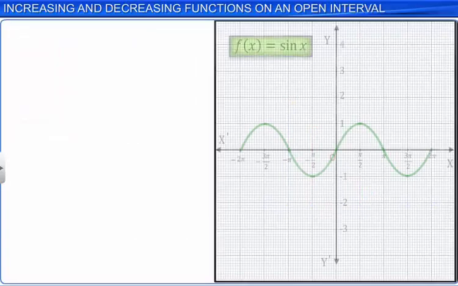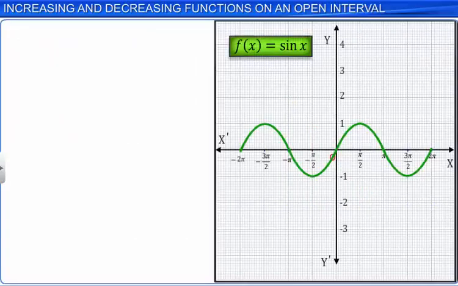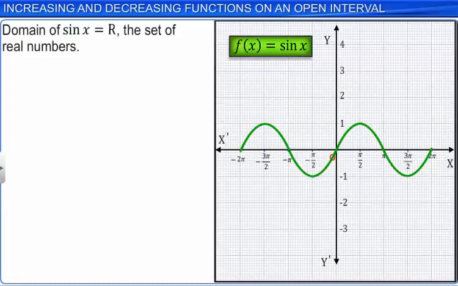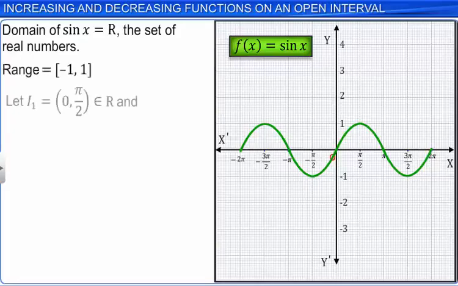Now, let's get back to the graph of the sine function and see whether it is a decreasing function or an increasing function. We know that the domain of sin x is the set of real numbers and its range is the closed interval -1 to 1. Let I1 and I2 be two open intervals defined on the set of real numbers as shown.